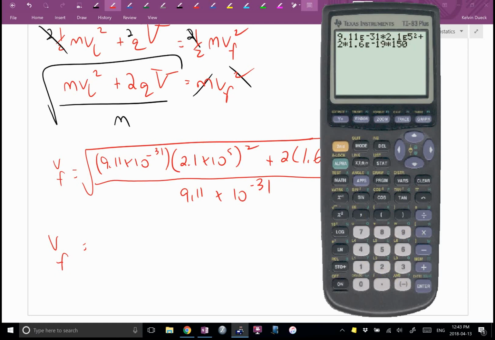Let's double check my typing. m v squared plus 2qV, and then I'm going to divide that by the mass. Square root of that. You get 7.26 times 10 to the 6th. Yes.